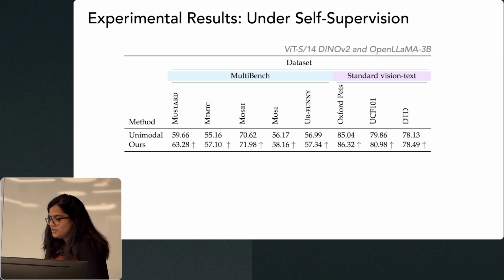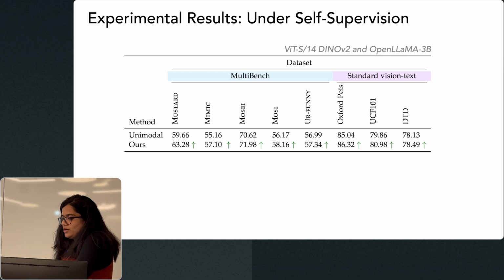For instance, for Mustard, it's sarcasm detection. Mimic is a healthcare data set, so the classification problem is breast cancer detection, and so on. For each of the tasks, the top row is the unimodal performance, and the bottom row is just taking unpaired data, without any correspondences known, with the architecture that I just showed in the previous slide.